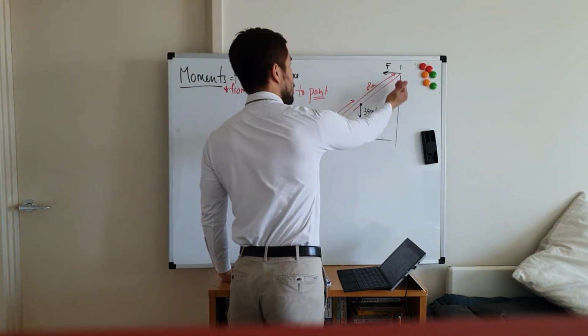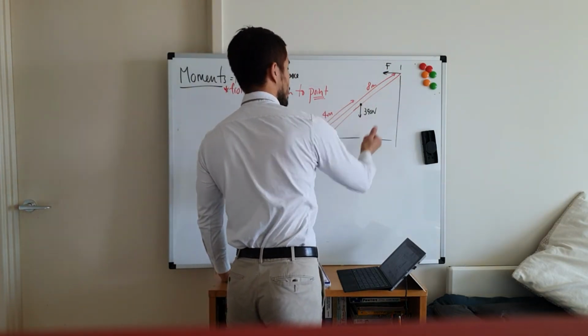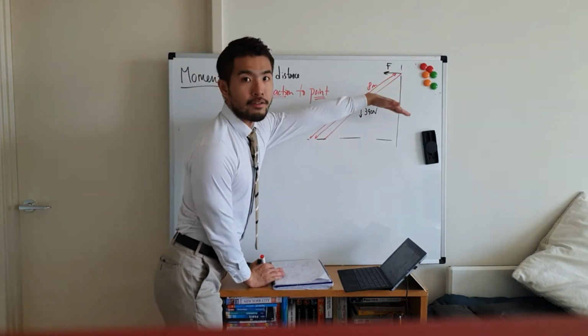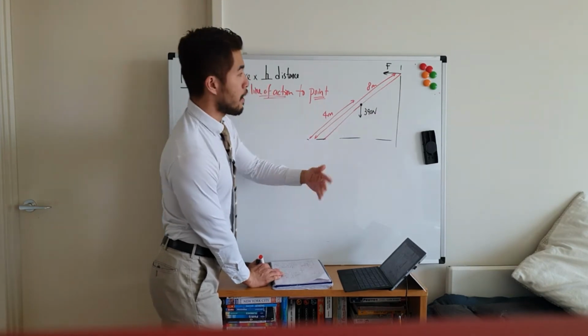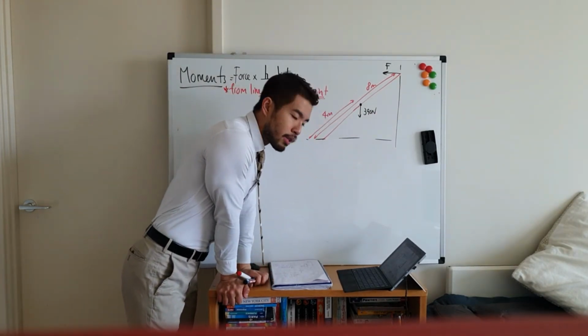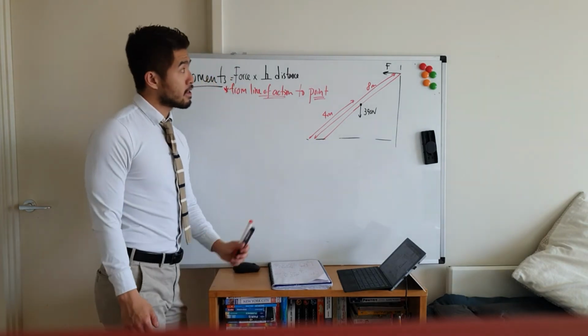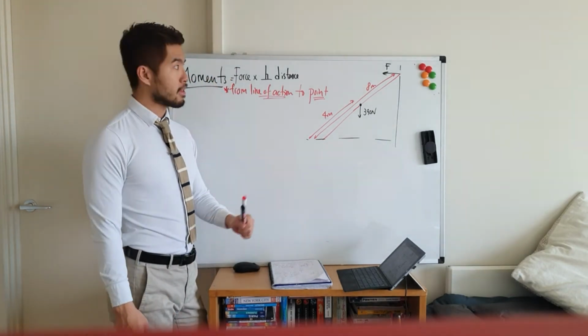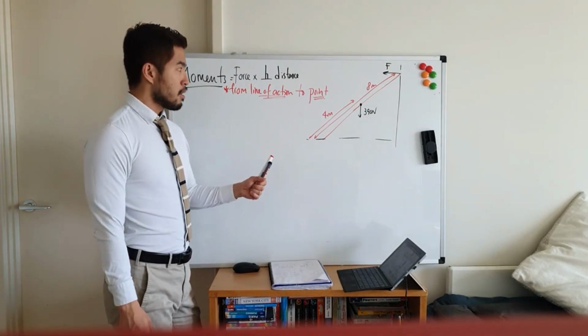It's a very slippery wall, so there's no force downward in here. Otherwise, if the ladder falls down, there would be a force upwards. But in this situation, they say that the resultant force from the wall on the ladder is just horizontal, so that's indicating that it's a very slippery wall.